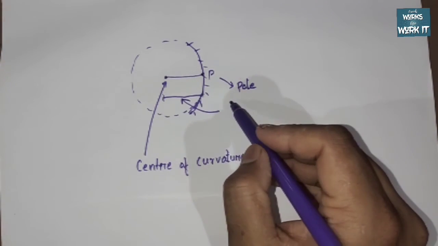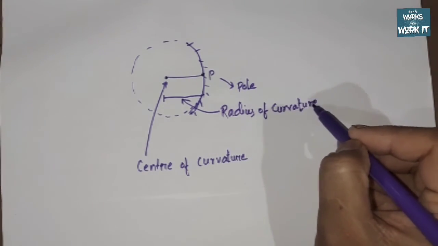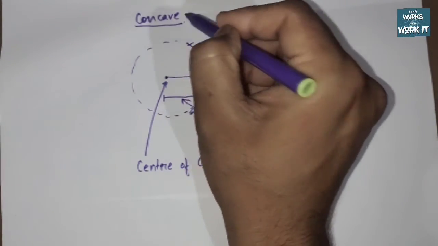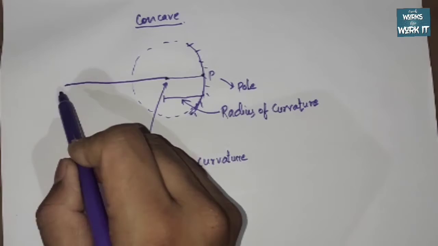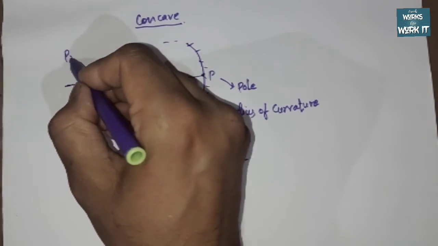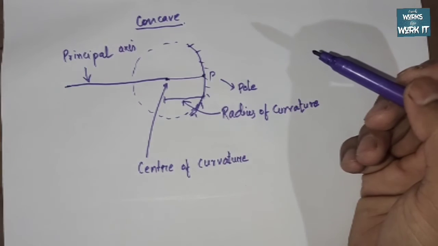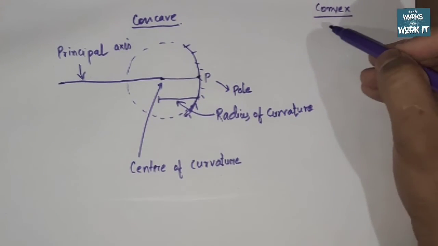The distance between C and P is called the radius of curvature. Next, this imaginary line, drawn through P and C, is called the principal axis.